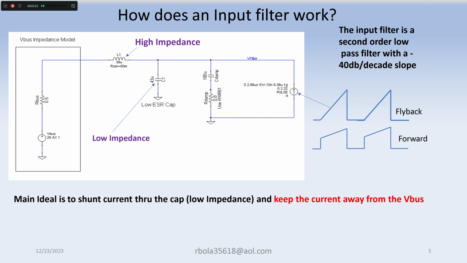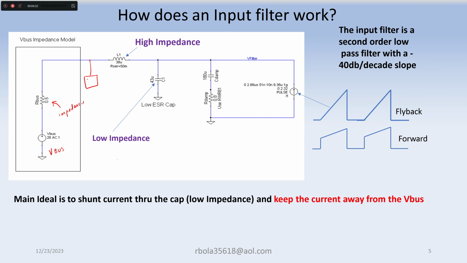Okay, so here is a very simplified input filter, and we're going to start on this section. This is the bus model. I'll call it the V bus. You have your input voltage, and typically the bus will have a certain impedance as well. So this is your input voltage coming in, and typically you will have a bunch of other devices.